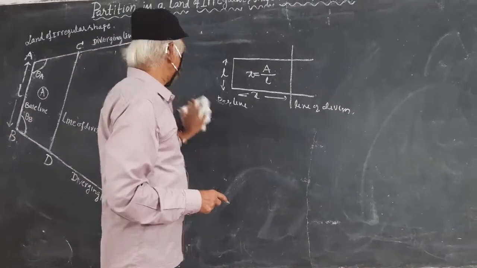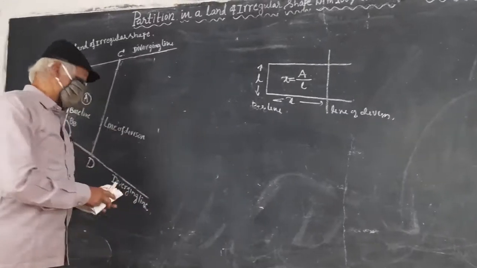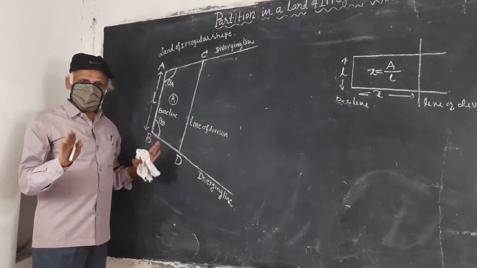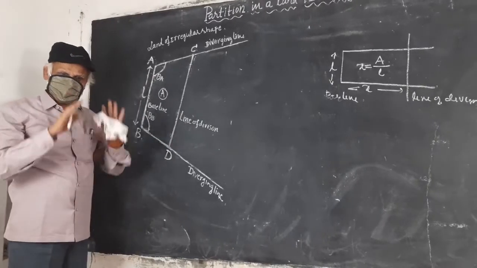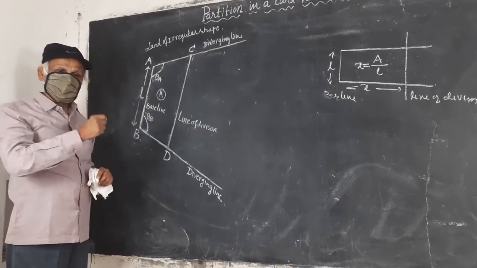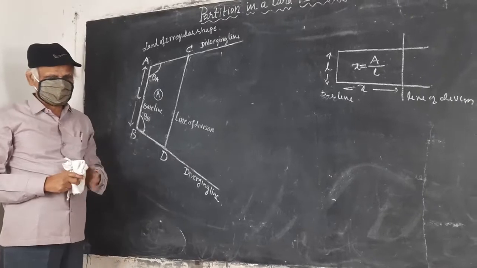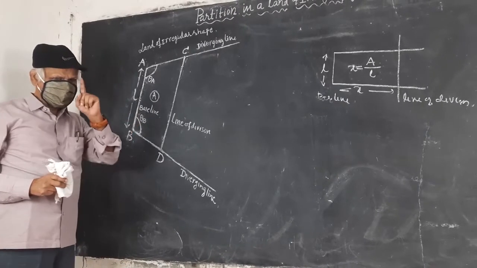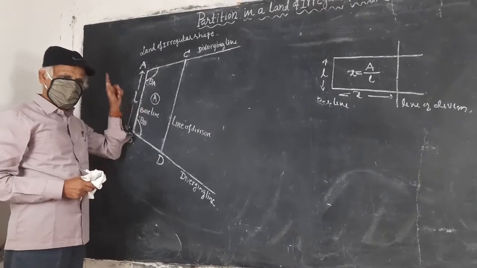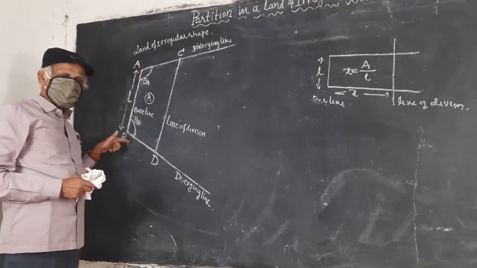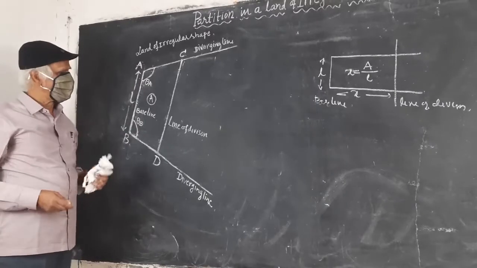So coming to the point, suppose CD is the required line of division. Once again, it must be noted that the line of division should be parallel to the baseline.